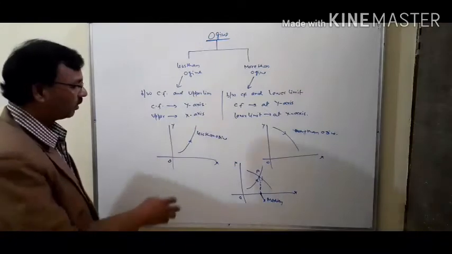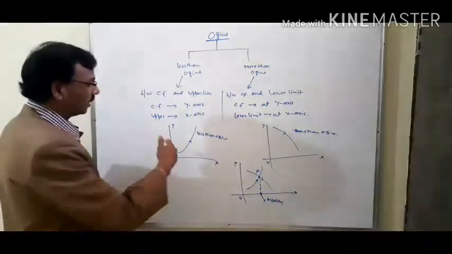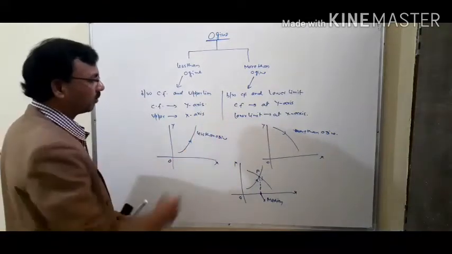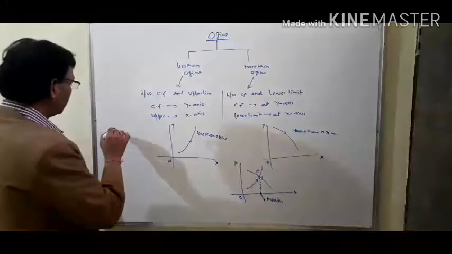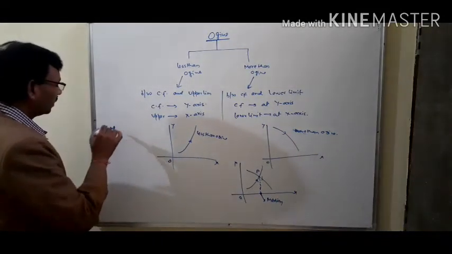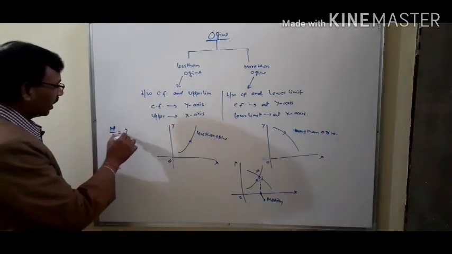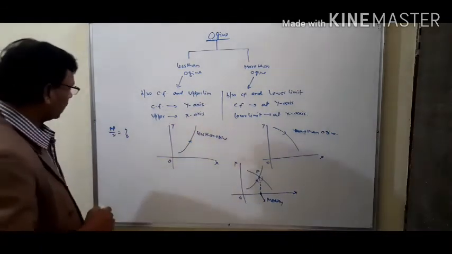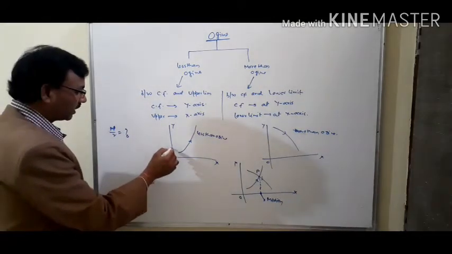And if we want to find the median from a single graph, that means less than or more than, then first we find n by 2, which means half of the sum of frequency. Then we search this number on the y-axis.